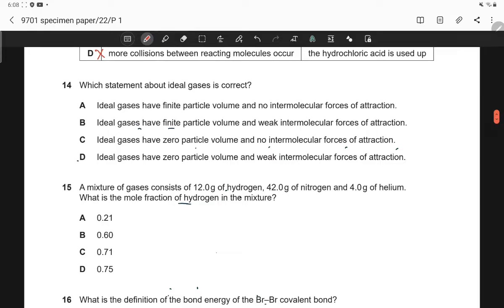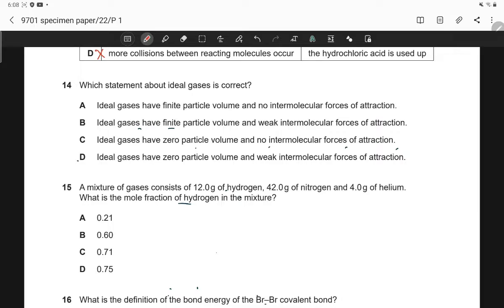Now next question: which statement about ideal gas is correct? Ideal gas has finite volume.